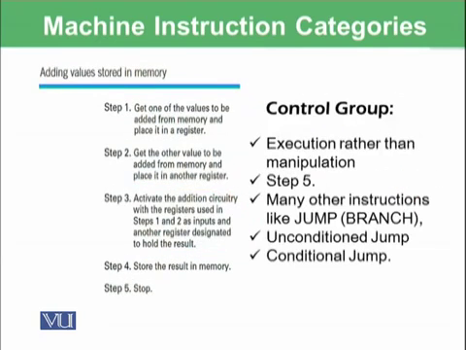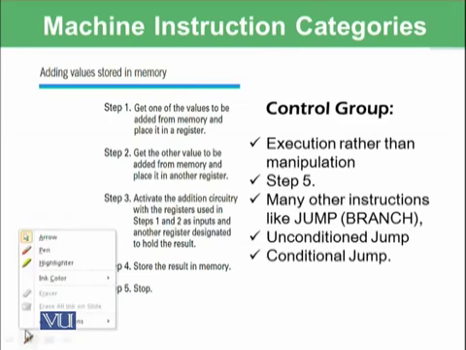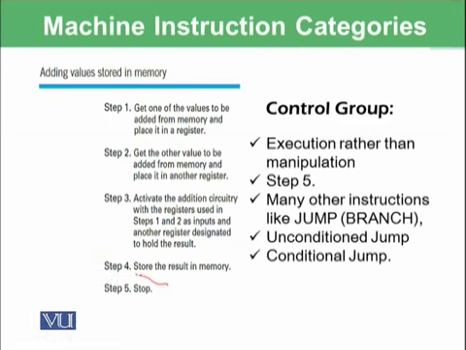Then there is the third group, known as the control group, which deals with execution rather than manipulation. It is basically the overall in-charge of the CPU, telling it at what time what needs to be done. For example, in this algorithm which we learned previously, the stop step is a control group instruction.